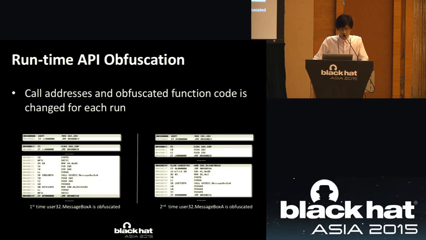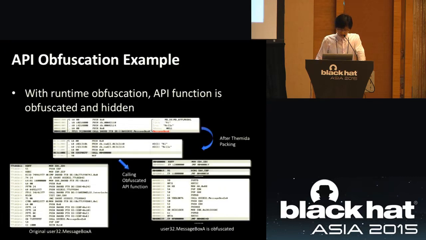When we run it a second time, it changes shape because Themida embeds a runtime obfuscator in the executable file. Furthermore, it is harder to analyze a Themida-packed executable because the call instruction is changed and the call target address is changing.